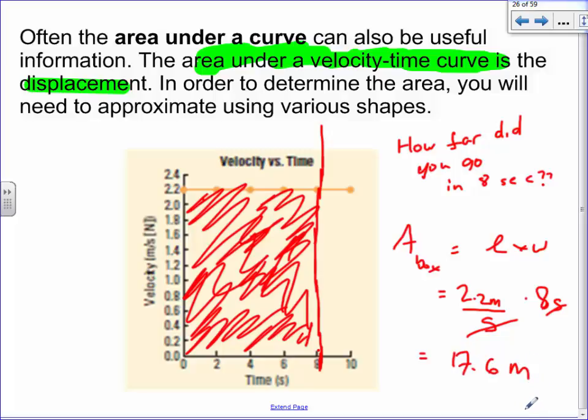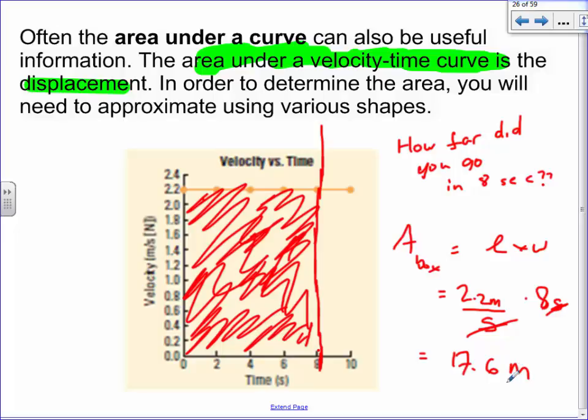Grab a calculator and confirm that's what 2.2 times 8 is. 17.6. Do you see how the units cancel? What we're left with is meters. So in 8 seconds, you traveled 17.6 meters.